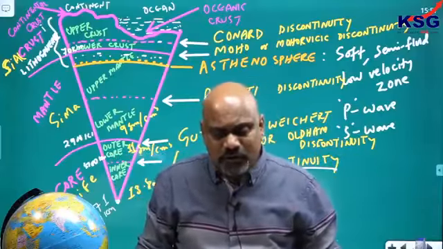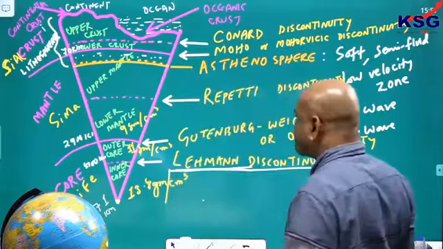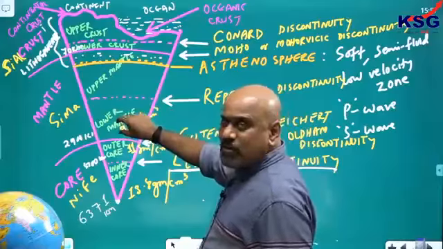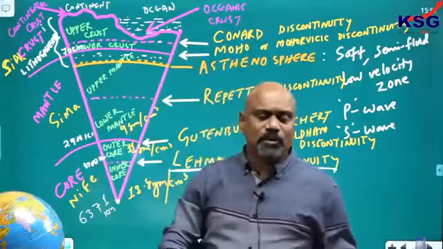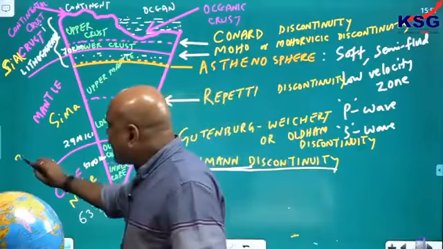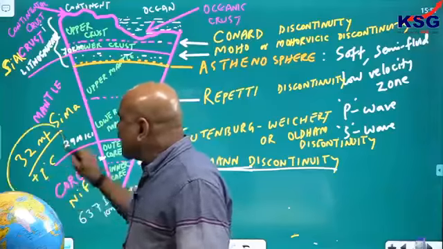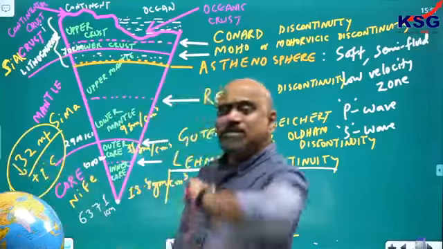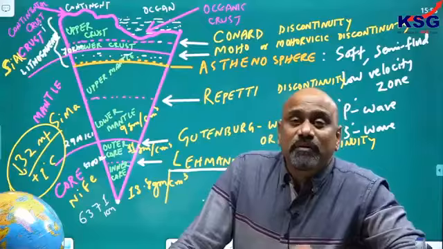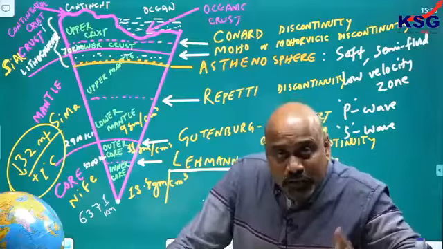Could you please explain the impact of geothermal energy more than the impact of pressure? Yes. You see, in the inner core, the geothermal energy is more as compared to the pressure, because with every 32 meters of depth, temperature increases by 1 degree Celsius. So think about this: how much is it in 1 kilometer? 3 degrees in 100 meters, almost 30 degrees in 1 kilometer. Think about this. What will it be at 2900 kilometers?